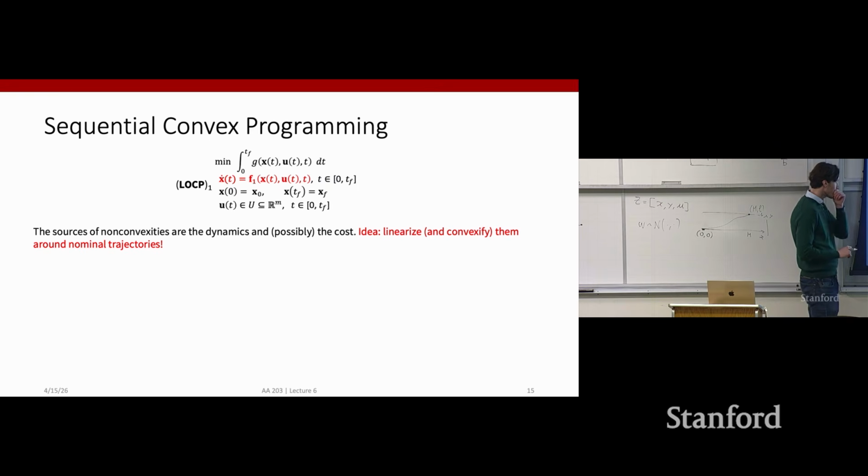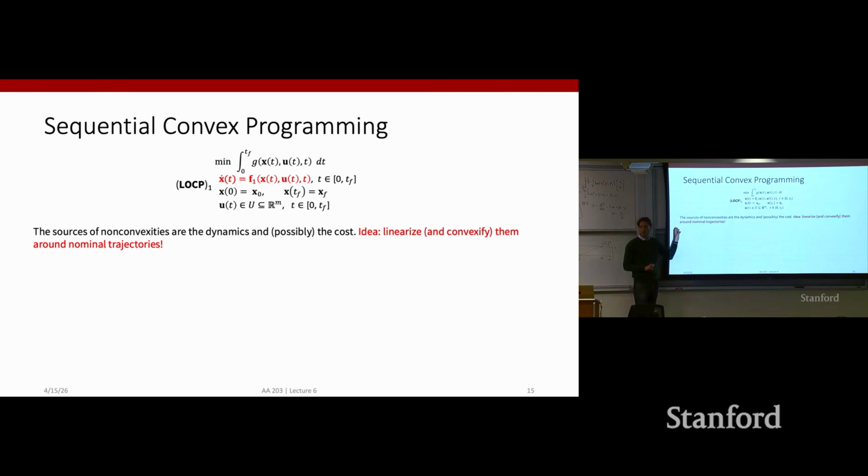essentially introducing a surrogate problem of our original problem that we wish to solve. And this surrogate problem is a version where we are linearizing and convexifying the nonlinear elements in our optimization problem. Where the nonlinearities come from are usually either the dynamics or the cost.